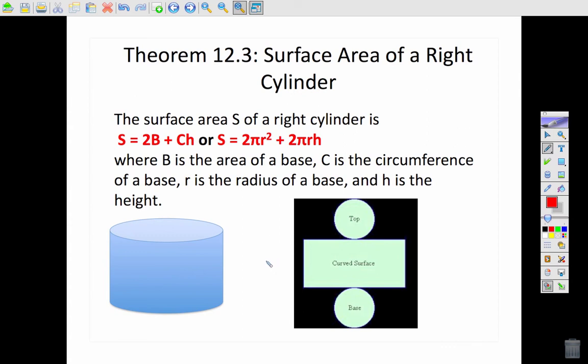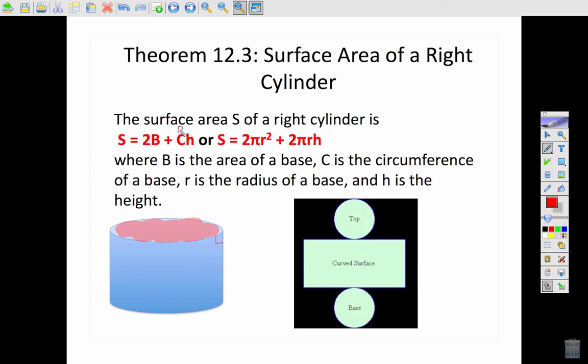Right, next formula that we have is for a cylinder, which is very similar to the prism because we have the same idea going on, where the tops are congruent and the sides come up at a right angle to make it a perpendicular figure, so we have a cylinder. The formula is the same.